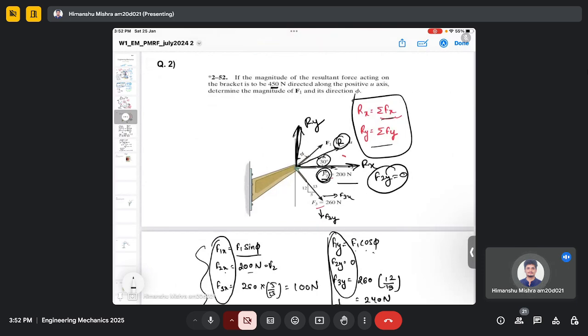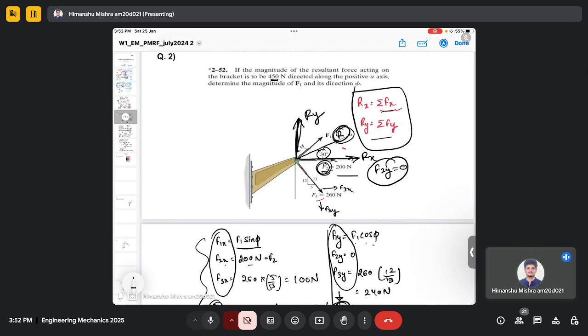So in this question, we have been given three forces F1, F2, F3, and the magnitude of the resultant force R, which is along the U axis, and we have been asked to calculate F1 and its angle from the vertical axis. To use this equation, we need to calculate all the components of force in the x as well as the y direction, and we did that.